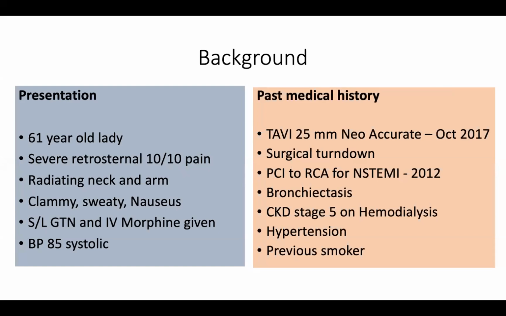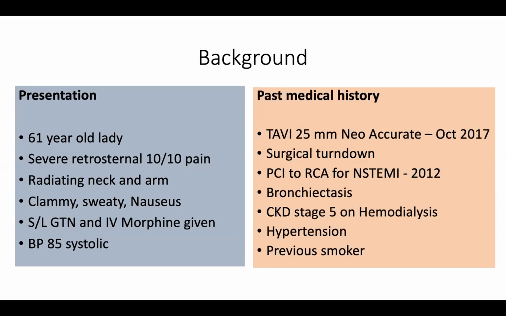Just to set things up, although at that time we did not have that history, she is known to have a TAVI valve implanted in 2017, which specifically is a 25 millimeter Neo accurate valve. She was a surgical turn down because she had some comorbidities, least of which were the PCI to RCA, ischemic heart disease, and bronchiectasis, but most importantly, she was CKD stage 5 on hemodialysis, having dialysis sessions at least 3 times a week.